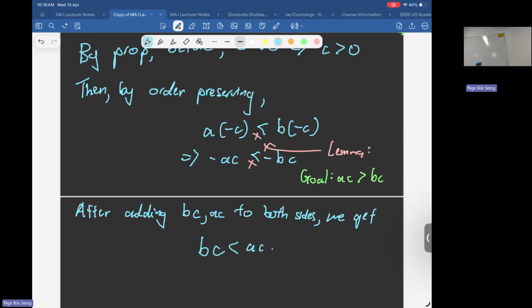So if AC minus BC is greater than 0, that means AC is greater than BC. Okay, good. Maybe I need to apply another lemma here to get rid of the equal sign. We want strictly greater.